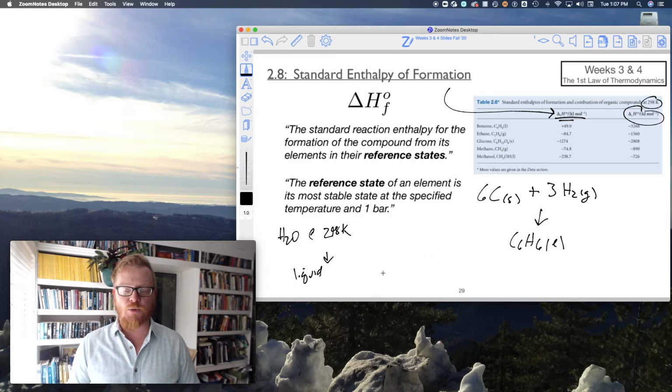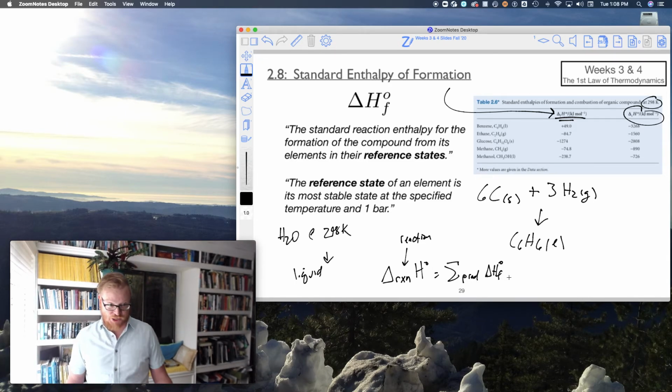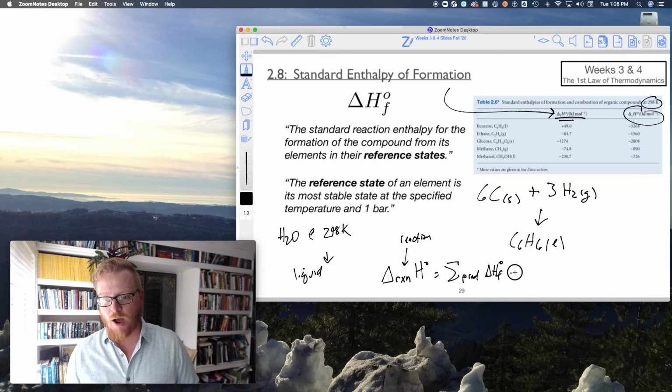And just to remind you, when I look at the standard enthalpy of reaction, I'm going to write Rxn for reaction, okay? We recognize that it's the sum of the products of their respective enthalpies of formation, products minus reactants, and that's delta HF0, okay?